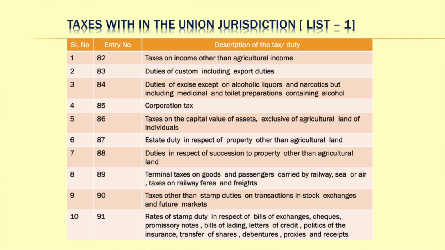And then Entry 90: taxes other than stamp duties on transactions on stock exchanges and futures markets. Then 91: rates of stamp duty in respect of bills of exchange, cheques, promissory notes, bills of lading, letters of credit, policies of insurance, transfer of shares, debentures, proxies and receipts.